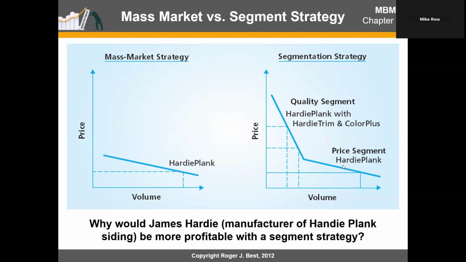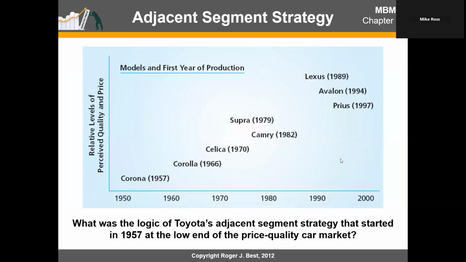As opposed to the lower end of this kinked demand curve, this segment here is much more price sensitive, and we can see that it is more price elastic, versus this part of the demand curve, the quality segment versus the price segment.